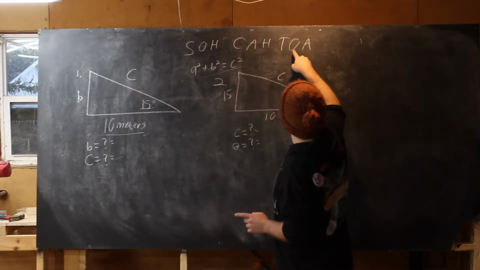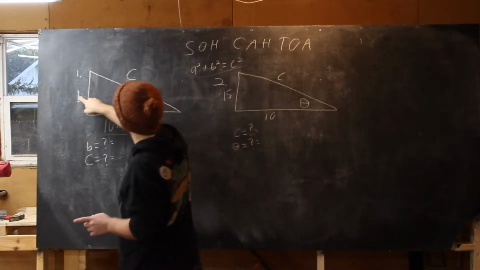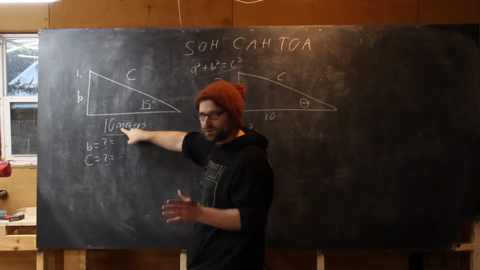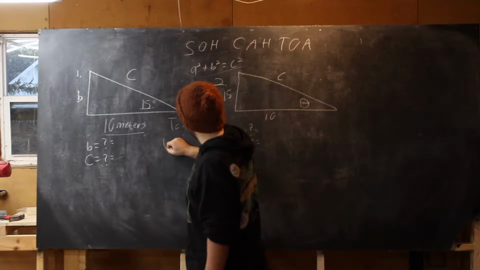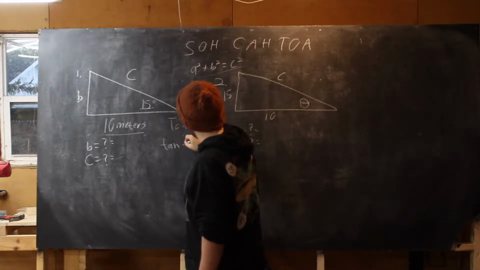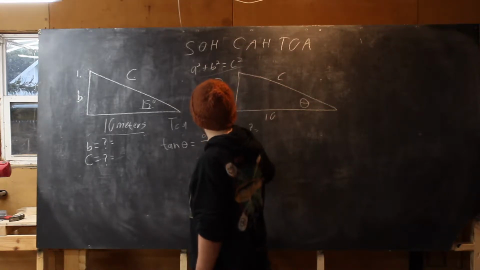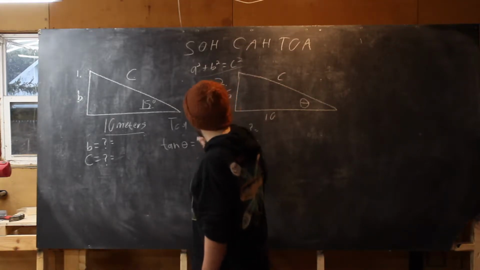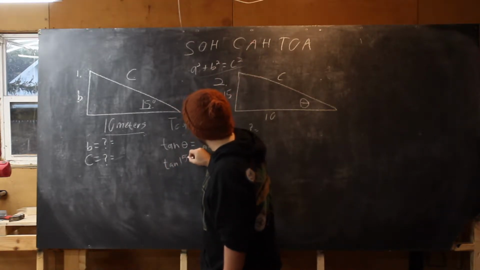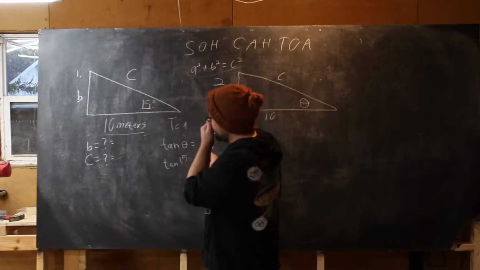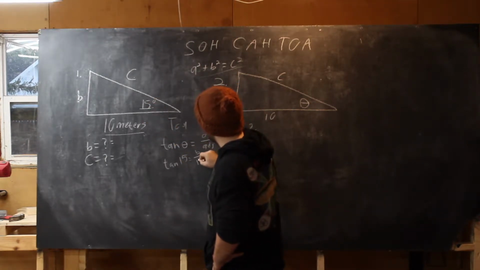So TOA, tangent, is opposite over adjacent. That's my opposite, that's my adjacent, so I can use that one. I'm trying to find B, so I'm going to do TOA. That's going to be tan theta equals opposite over adjacent, which in this case is tangent of 15 is equal to the ratio B over 10.